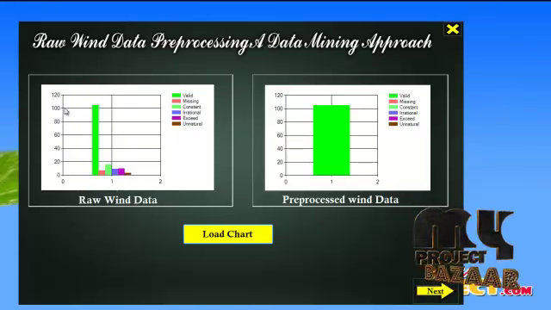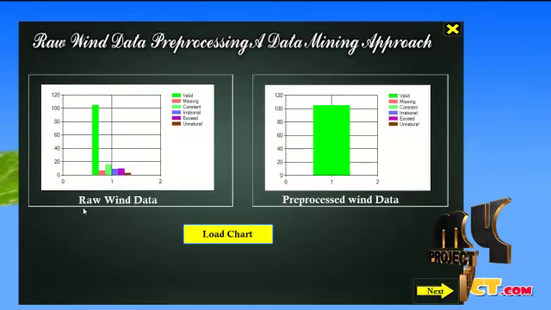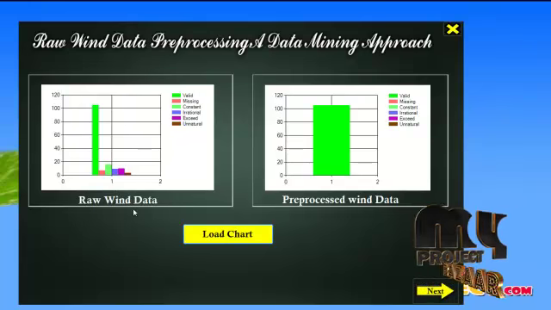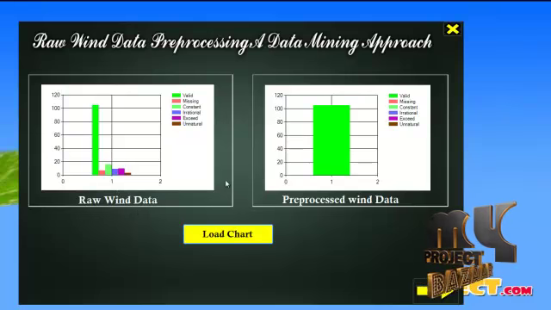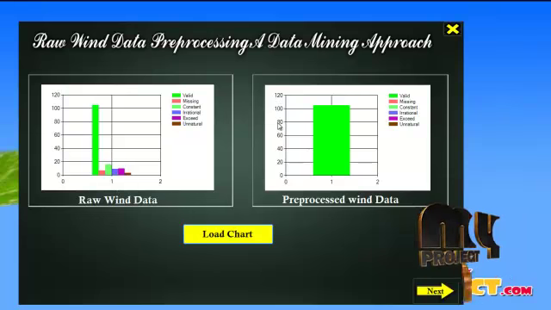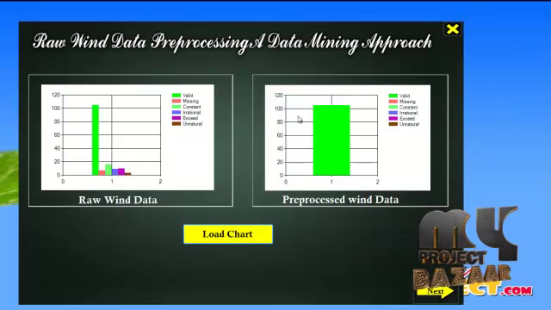This chart represents the raw wind data before the filtration process. After the filtration process, the preprocessed wind data contains only the valid data values.